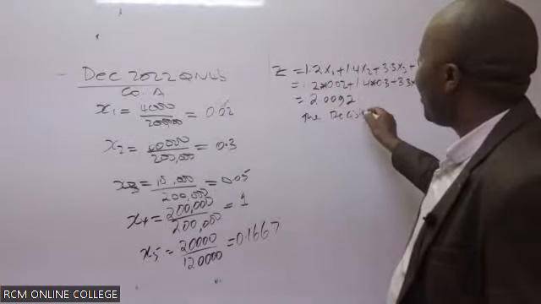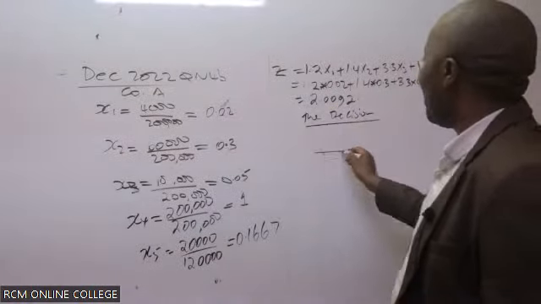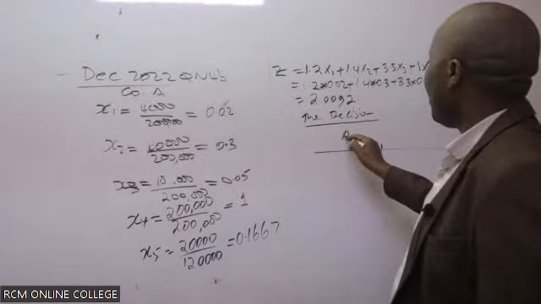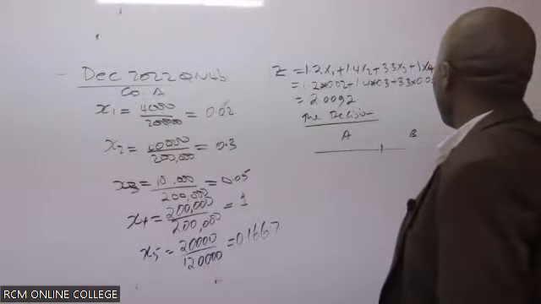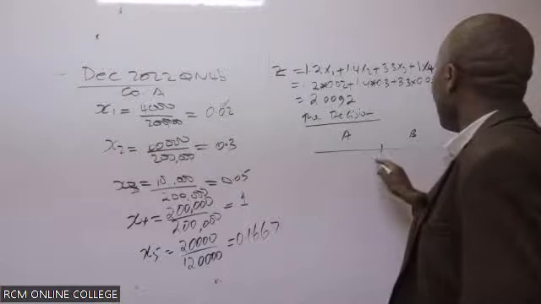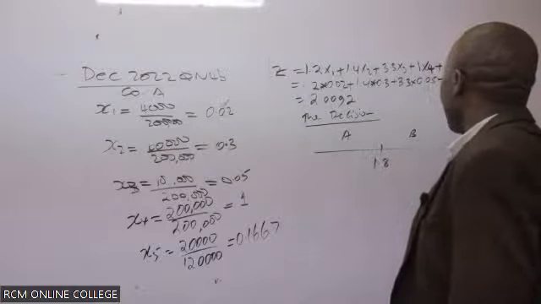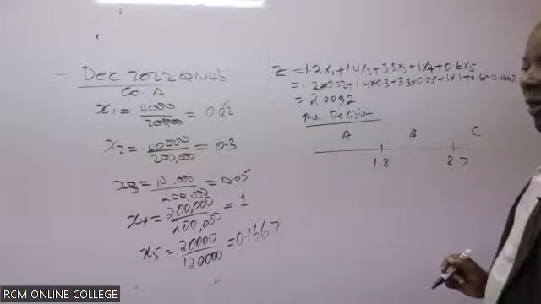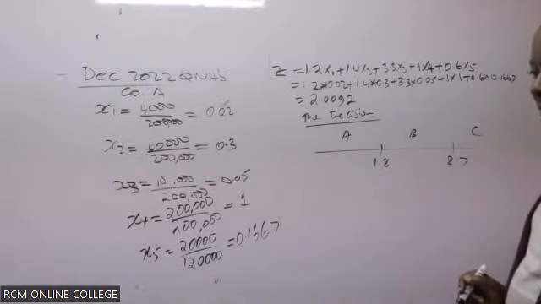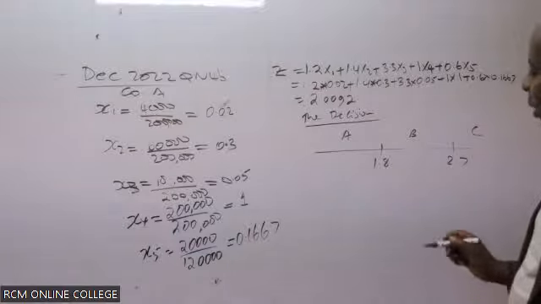Make a decision there for company A. So we have here 1.8, 2.7. Where does it belong?